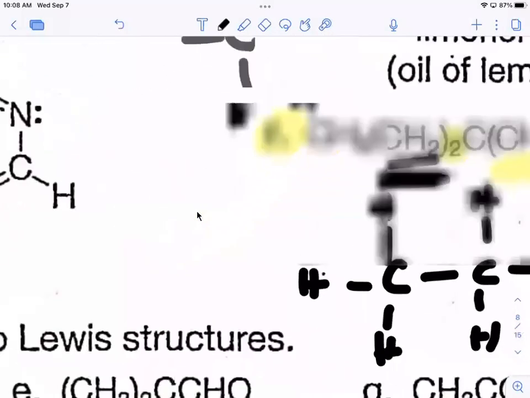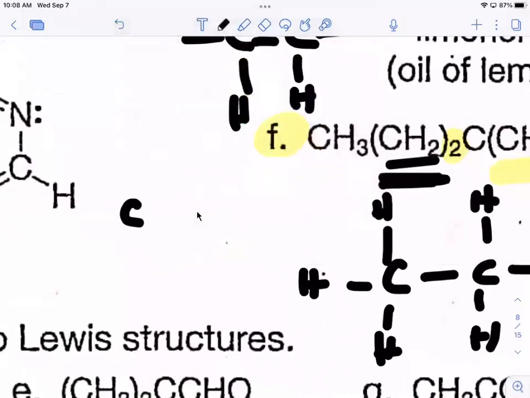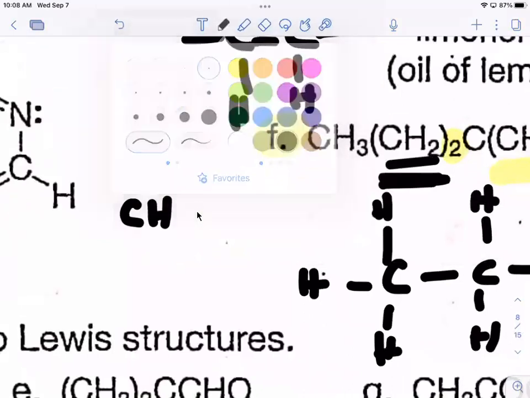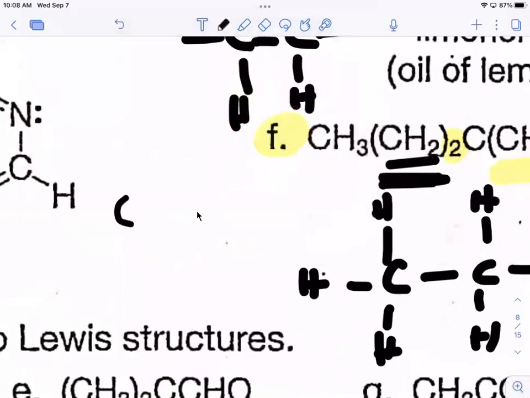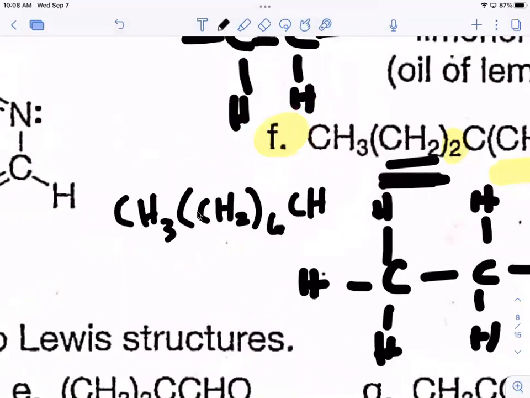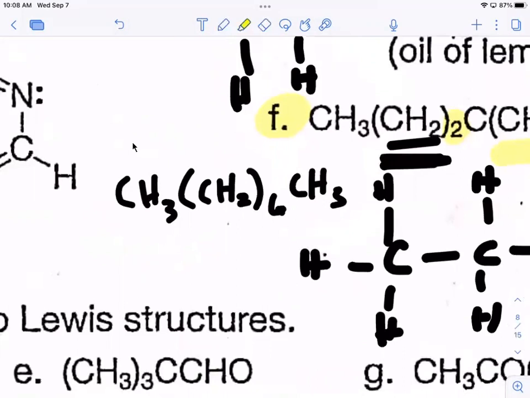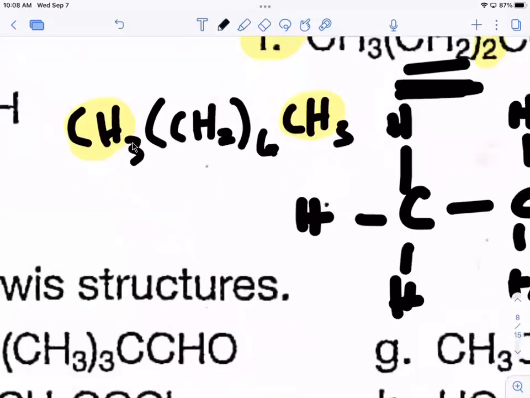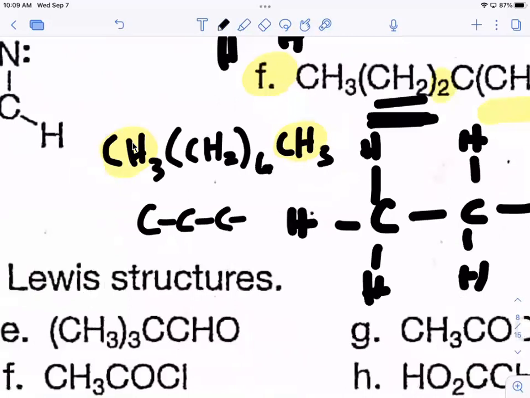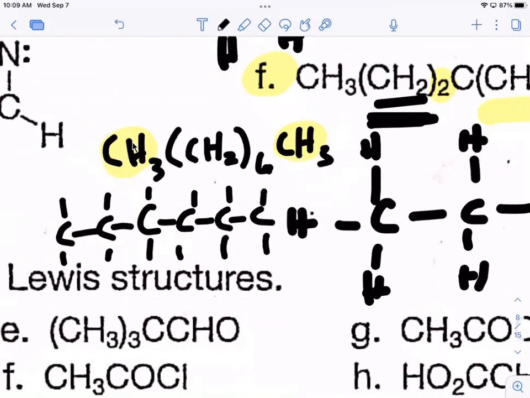So like if I have a chain like this, let me see if I can concoct something right quick. So I have this, like that. You following? Yes, sir. So that means that in between the CH3s, which are on the ends, I have 6 CH2s like that, and then the 2 CH3s are here on each end.